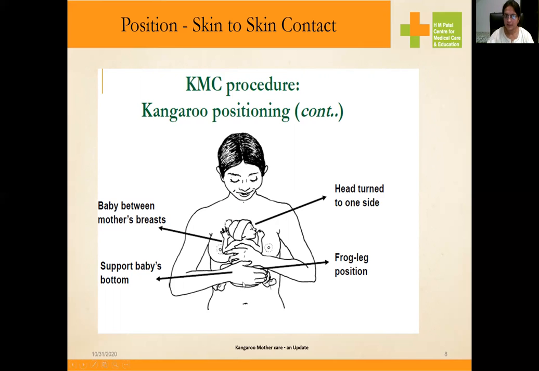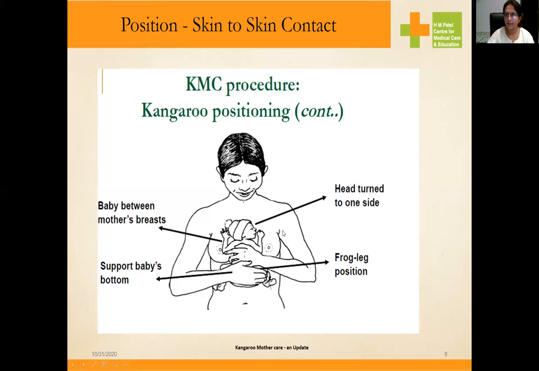So the skin of the mother and the skin of the baby is exposed, and they come in direct contact with each other. To keep the baby warm, we put a hat to cover the head. Baby can also be given socks to cover the legs and mittens to cover the hands, and usually baby is dressed with a small nappy.